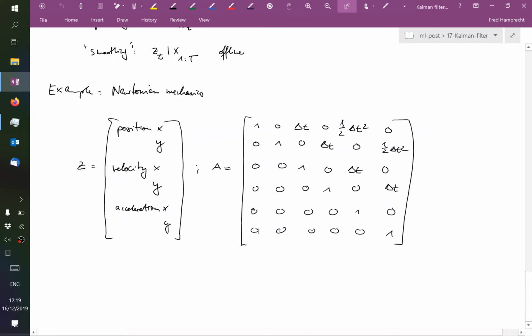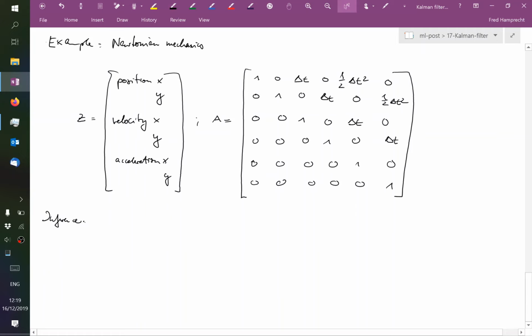With that, we can now look at the inference itself. So here I wanted to add, here we know what A looks like.